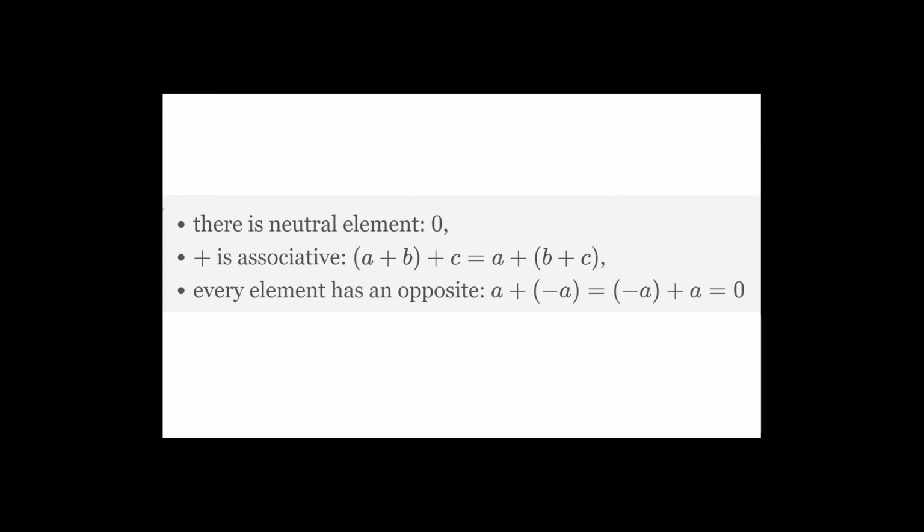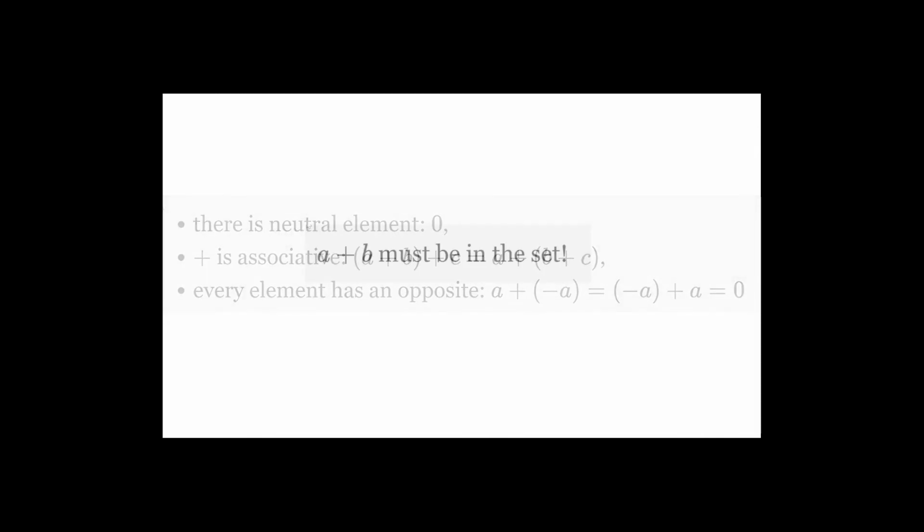These properties mostly come from the regular addition, and they are not very difficult to prove on the set Zp. The only thing that we have to be careful about is the fact that plus has to be stable with regard to Zp. In other words, if you have two elements of Zp and you do plus on them, the result stays in Zp, which is obviously the case here.